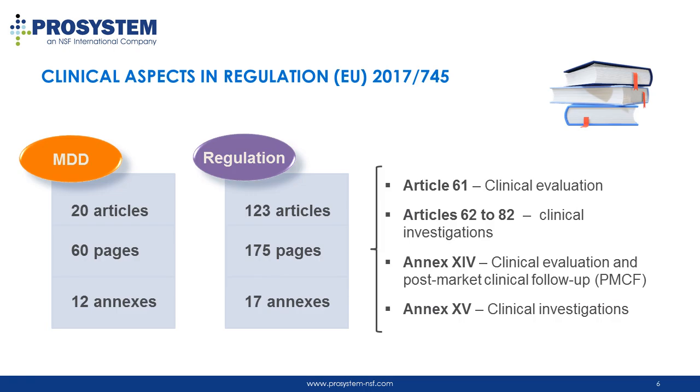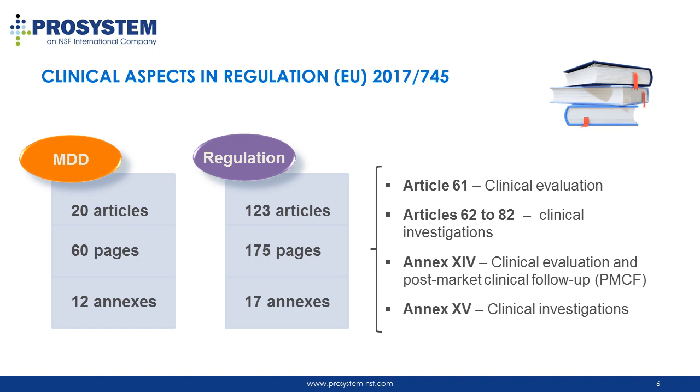When we compare the numbers of articles and annexes in the Medical Device Directive with the ones in the regulation, we can see that they have greatly increased. The regulation has in total 123 articles and 17 annexes, a large part of which deals with requirements on clinical data. Here I have listed the most important ones.